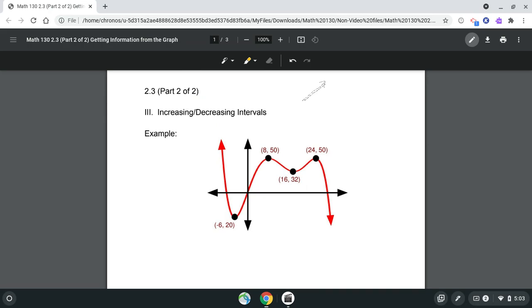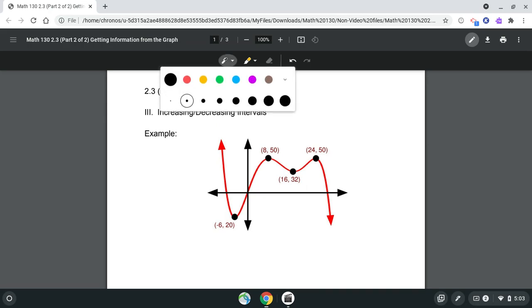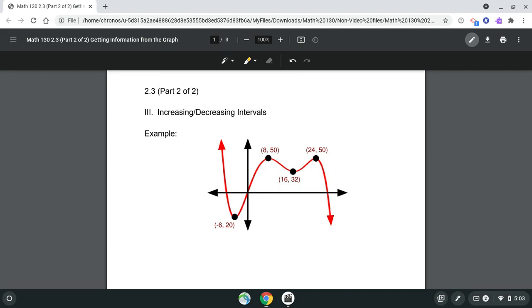If you had a line like this, it would have a positive slope, and then if it started to go like this, you would be going downhill, and so this would have a negative slope, right? Okay, so same thing here. We want to know where it is positive, where it is increasing, and where it is decreasing.